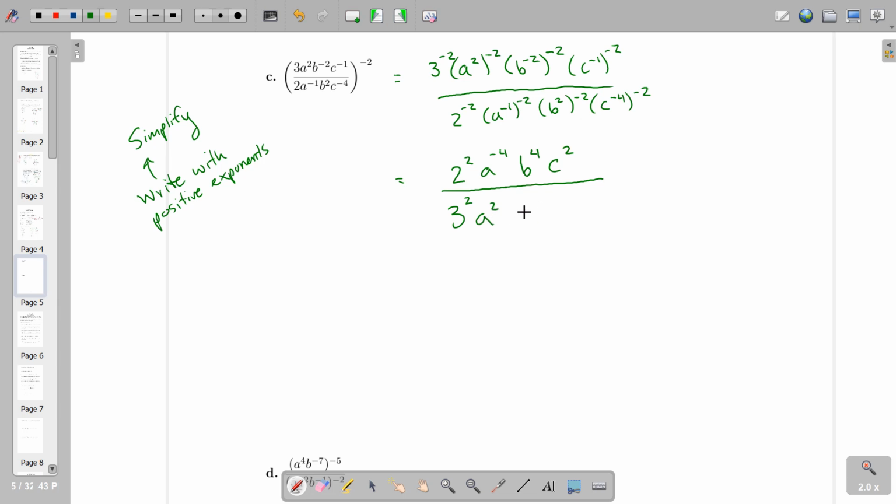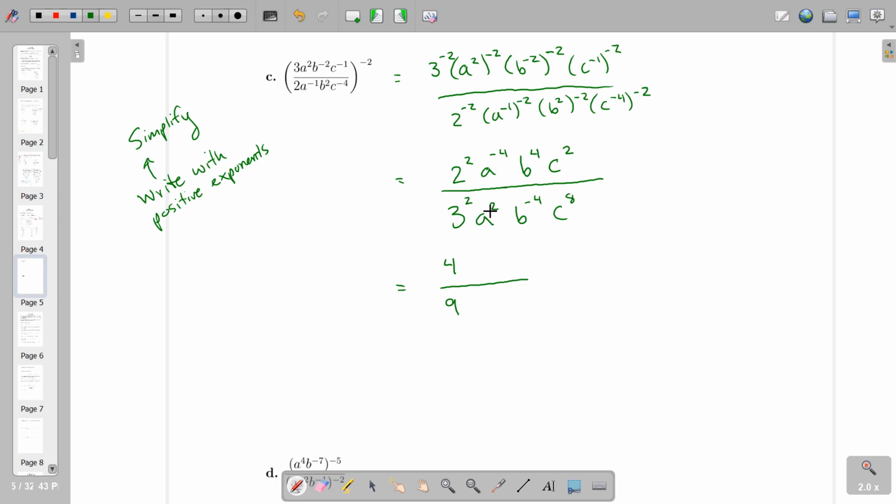A to the positive 2, B to the negative 4, and C to the positive 8. Now with my numerical parts here, something like 2 squared, I can do better than leaving that as an exponent, right? 2 squared is 4, right? 3 squared is 9.